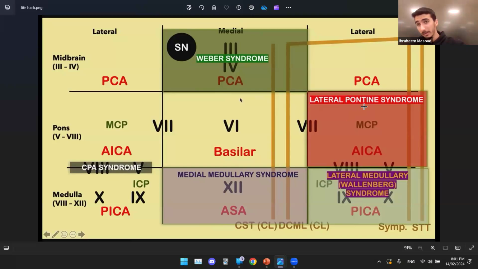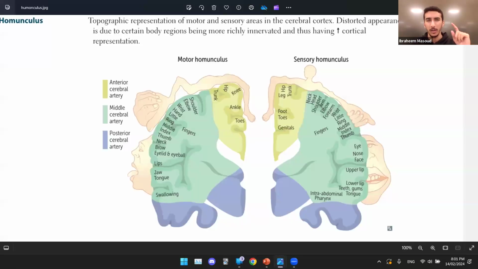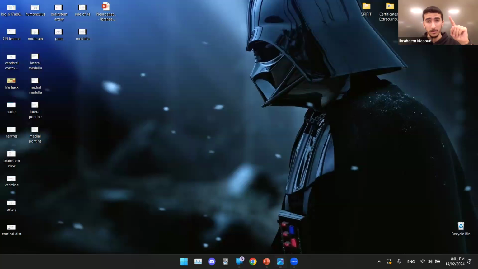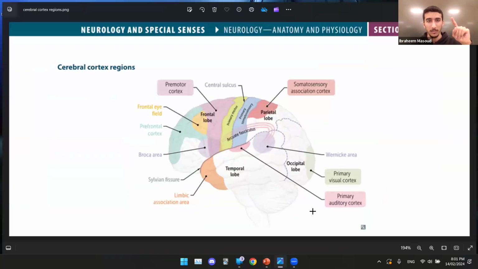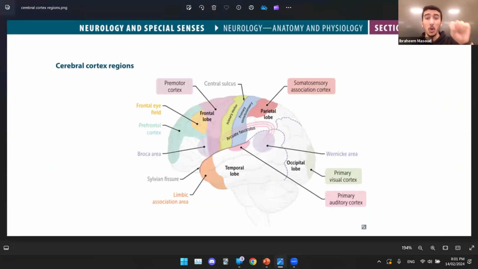I'm not asking you to be an artist. You just need to know how to function it in your head and how to utilize it. It will help you lots in the exam. You need this. What else do I have? Yeah, this, know it very well, guys. Open any picture summarizing every single lobe, every single Brodmann area. You have Brodmann area 8, you have 44, 45, a lot of Brodmann areas.